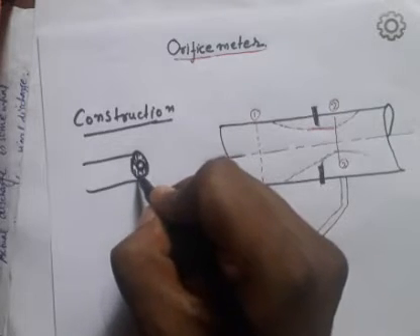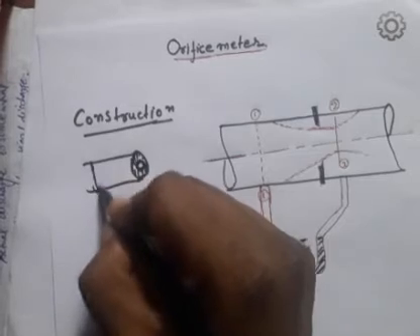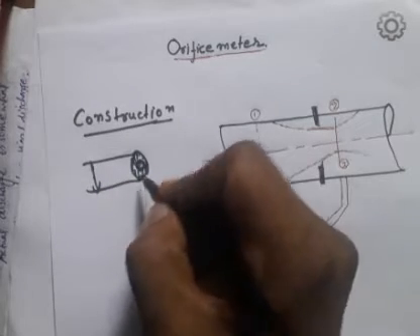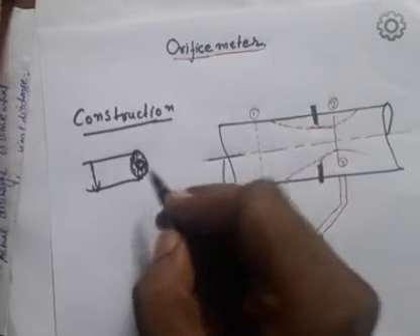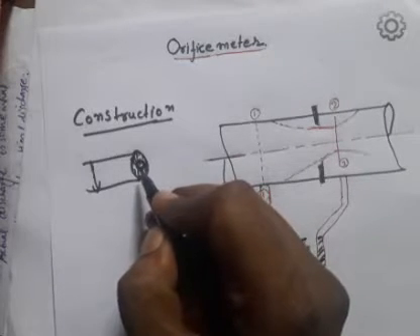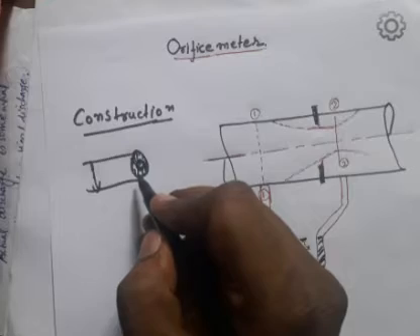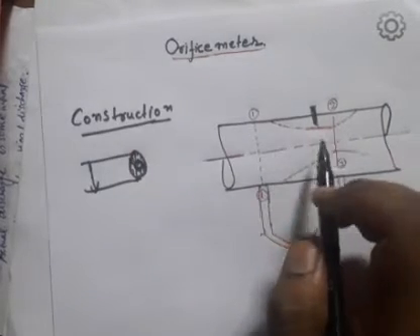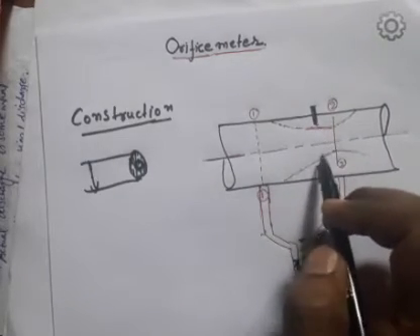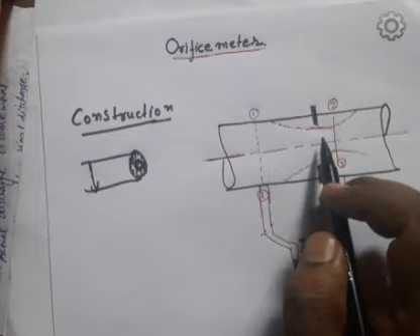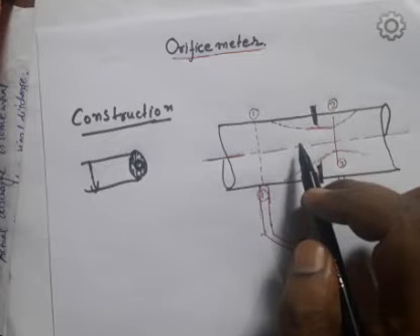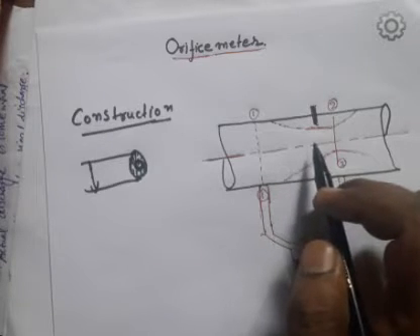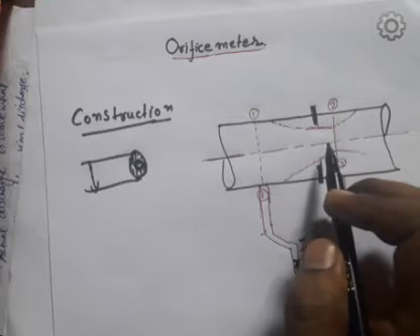By making the area less, we obstruct the flow of the fluid, and the principle is the same here. We get obstruction by the orifice plate, the pressure drops and velocity increases, and by calculating the pressure drop we can find out the discharge.